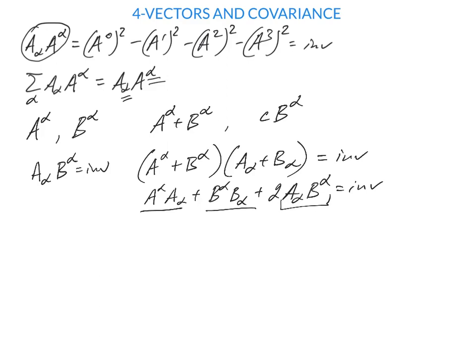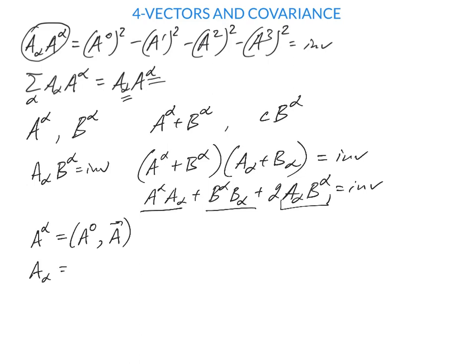Now, there's another useful form for writing the time-like and space-like components of vectors. We can write A^α as A⁰, but then you combine all three space-like components in a three-dimensional vector, and we put an arrow on top as usual.